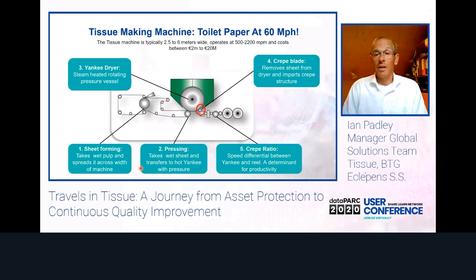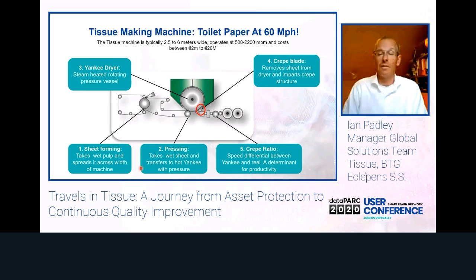At the heart of the process, where BTG do our work, is basically a large building-size machine, which can be up to 6 meters wide, operating at very high speeds, up to 2,200 meters per minute line speed. We form the sheet, spread wet pulp across the width of the web.